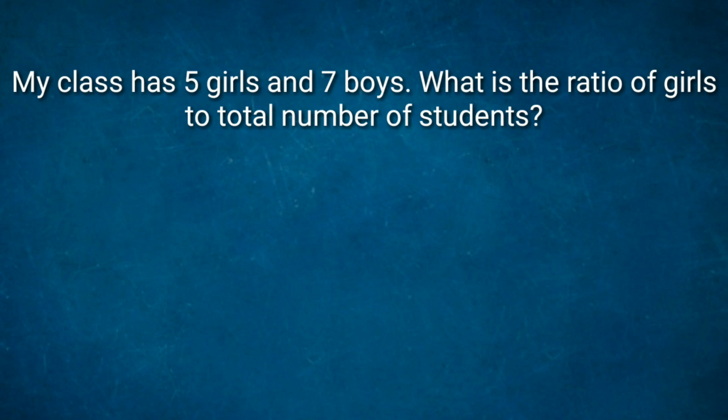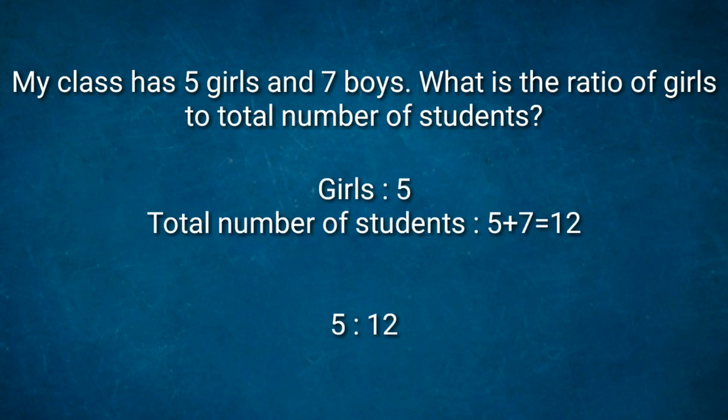It means the ratio of girls is 5 and the ratio of the total number of students is 5 plus 7 equals 12. So the answer is 5 to 12.